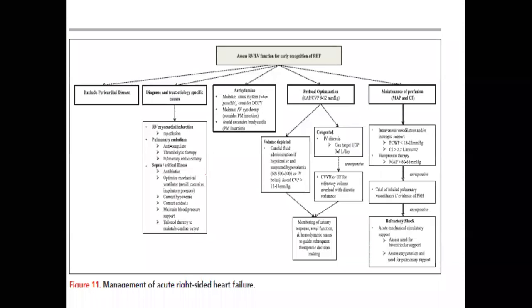So maintaining AV synchrony and septal synchrony, especially in those patients who have septal dyskinesis and are candidates for CRT, they should be treated to improve RV outcomes.